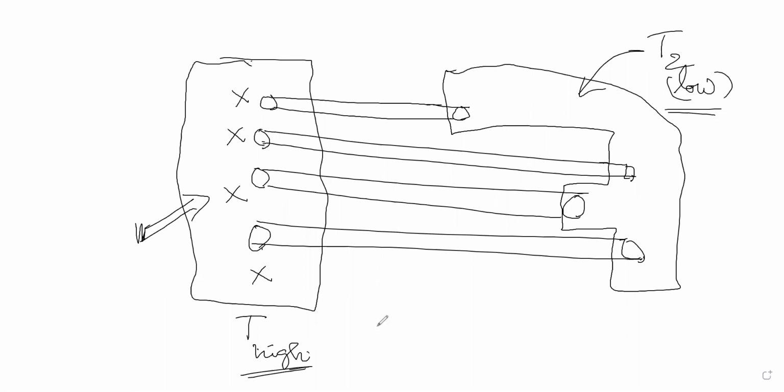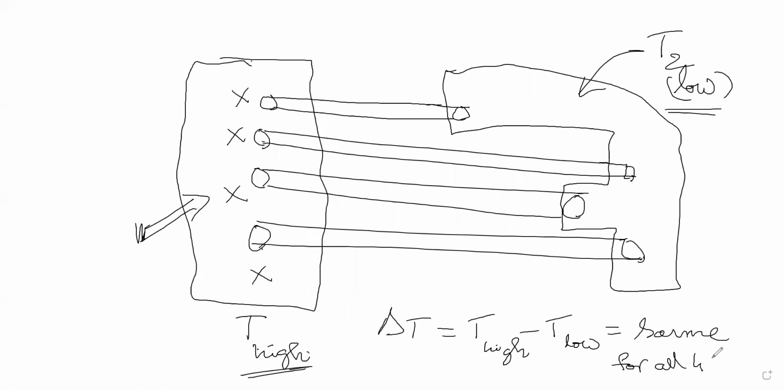So that means the delta T, T high minus T low, is the same for all four rods. This they have given us. That is the meaning of the sentence. Is this clear?